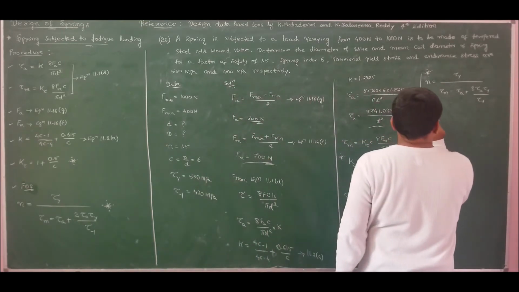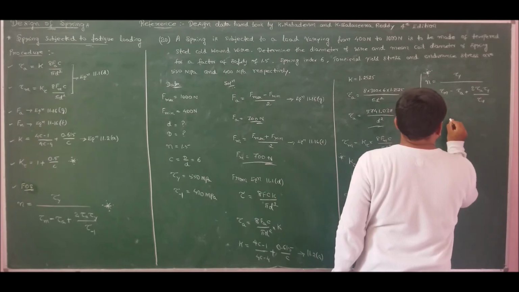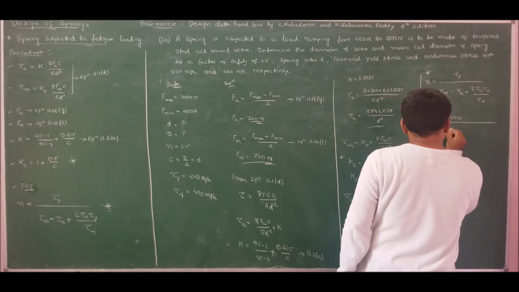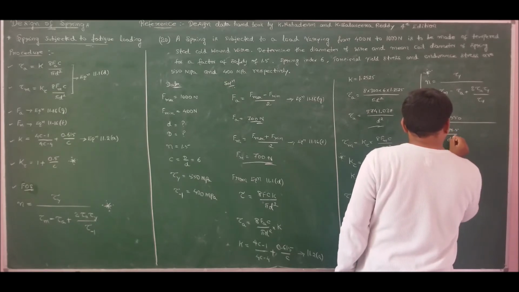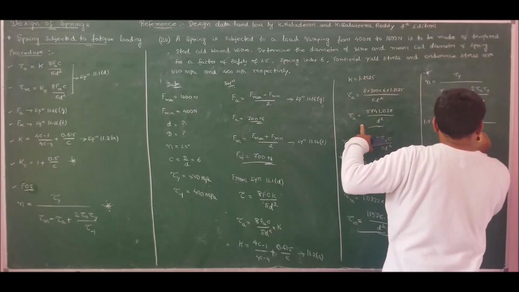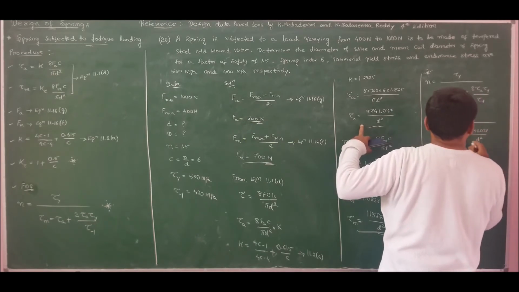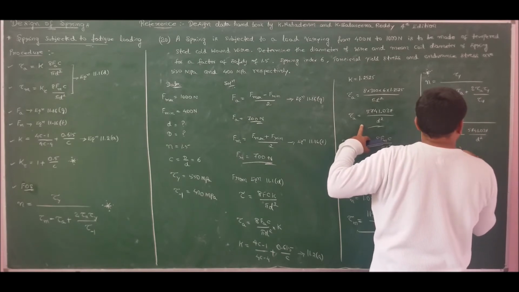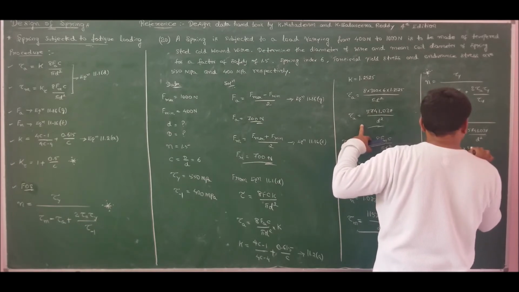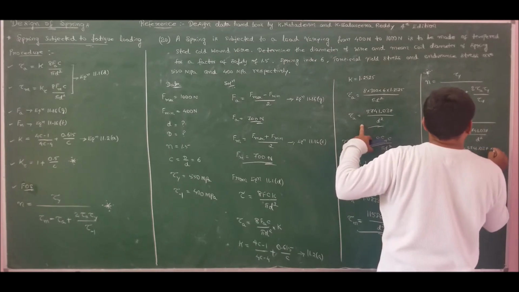So if I substitute and solve, I will get 1.5 is equal to tau yield, which is 550 given, divided by tau mean, which is 11,586.5 by d square, minus tau amplitude, which is 5741.037 by d square, plus 2 times tau amplitude, which is 5741.037, into tau yield.